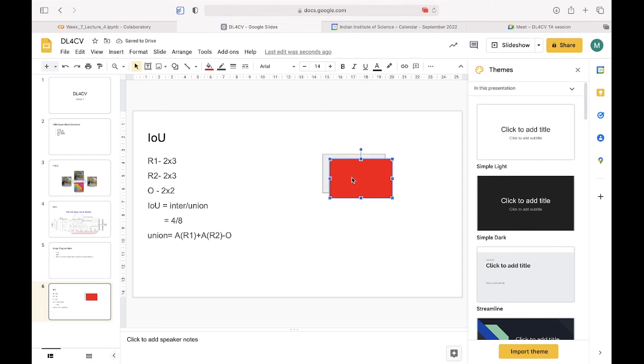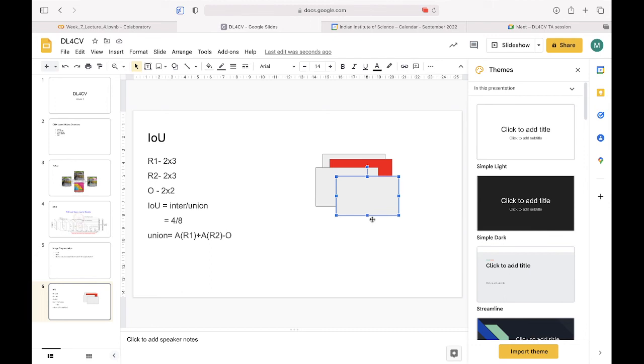So why IOU is used: suppose two objects are like this. There's some deep learning model that has given you lots of bounding boxes at the same place, because there's an object there. It can give multiple predictions slightly shifted from each other. All of them fit the object well.